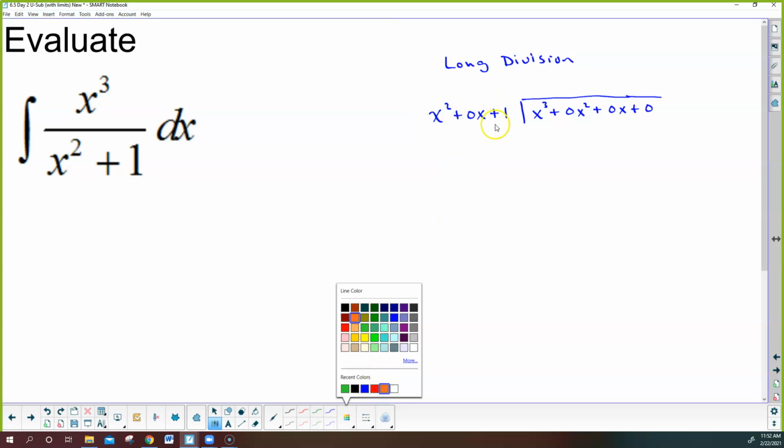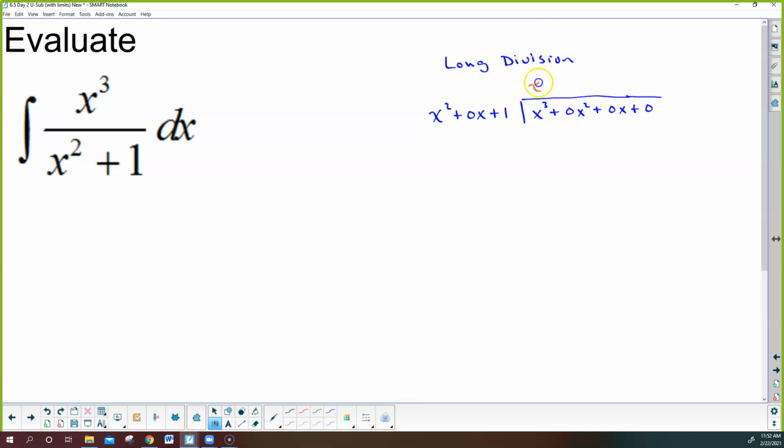So now I want to take this trinomial and make it match perfectly with the x to the third. So what's going to take a squared and turn it into a third? Multiplying by an x to the first power. And we always multiply all of those terms together.